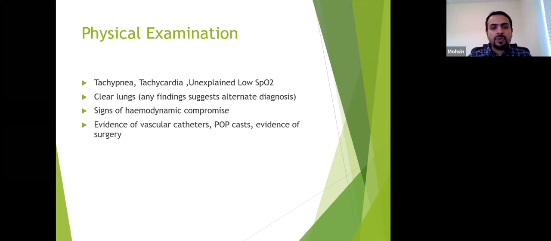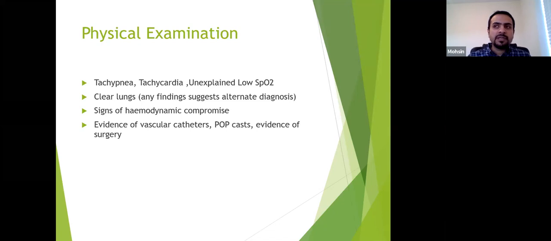But they obviously look in respiratory distress or have signs of tachypnea or tachycardia. You have to think about PE. They might have signs of hemodynamic compromise, and that by itself indicates that it can be a large clot lodged somewhere in the pulmonary circulation.